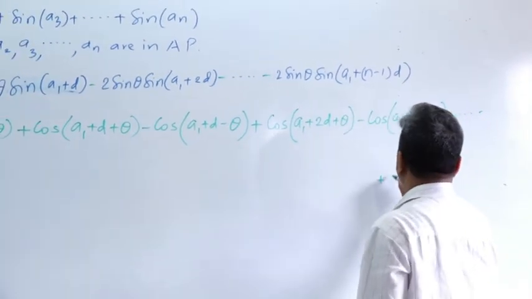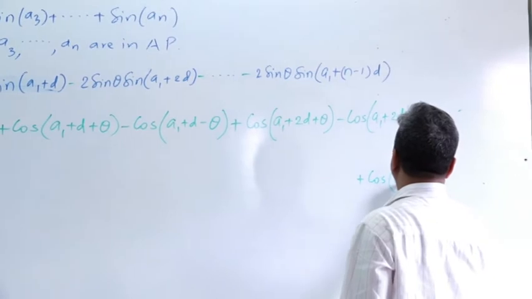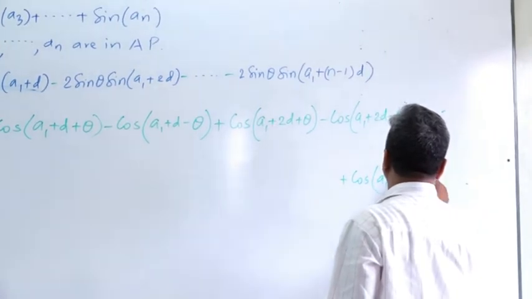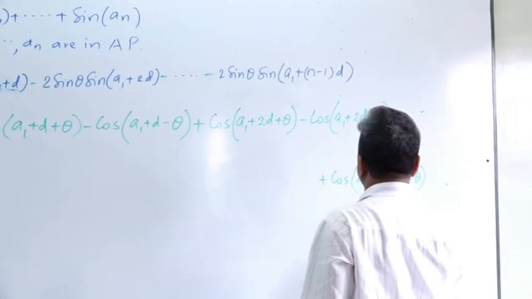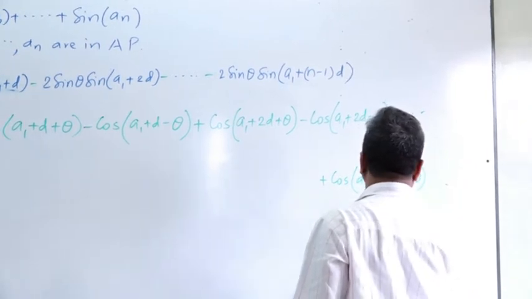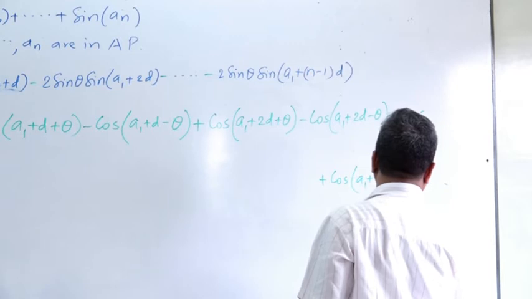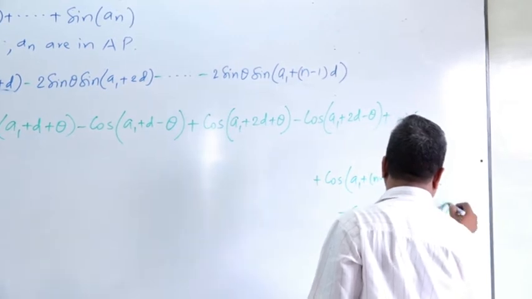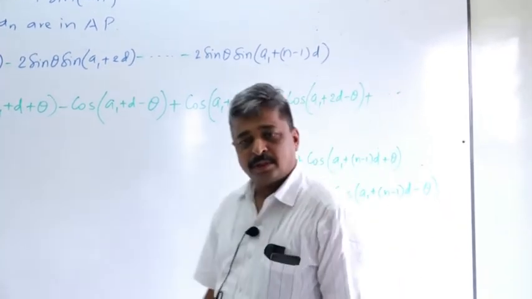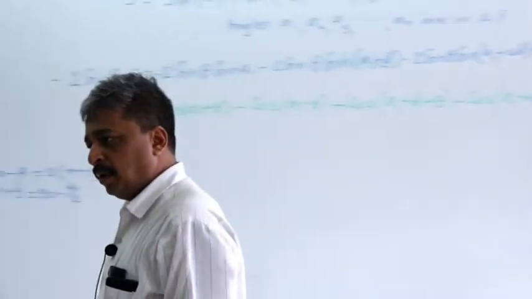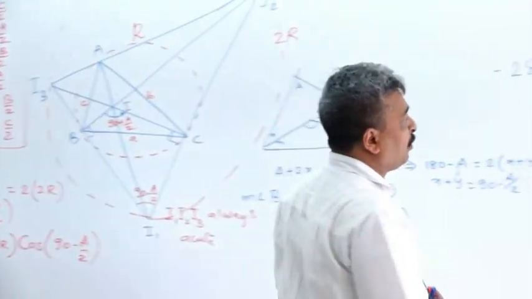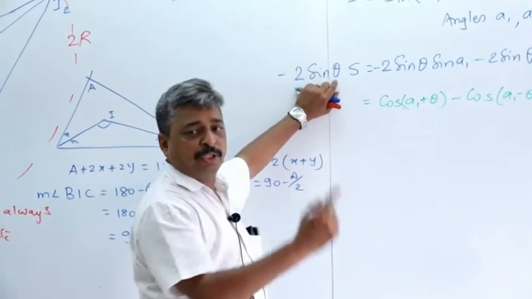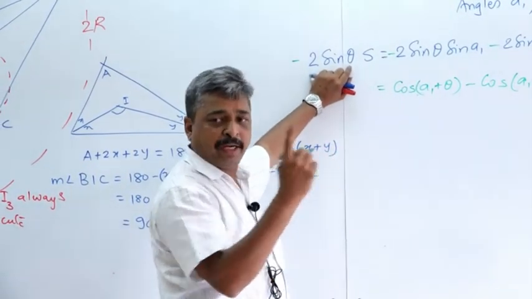Plus cos (A1 plus (n minus 1) times D plus theta) minus cos (A1 plus (n minus 1) times D minus theta). Does everyone understand? Okay.